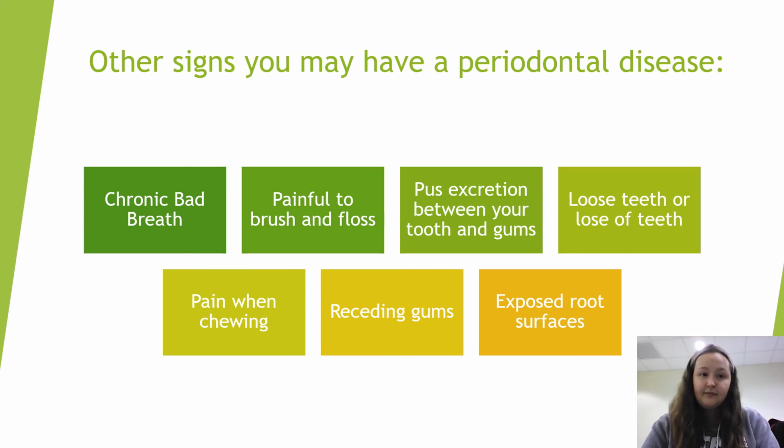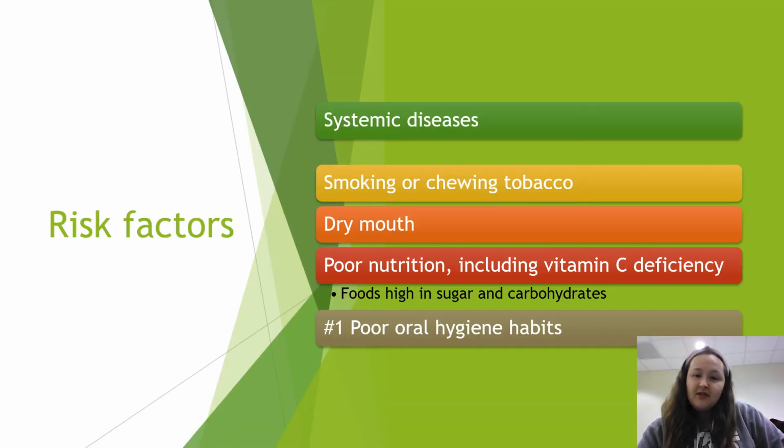Risk factors to look out for that may cause you to have a periodontal disease are, first and foremost, if you have a systemic disease, which is something that you're already dealing with right now, being on dialysis, which we will go more into in another lesson plan. Another is smoking and chewing tobacco products is a huge risk factor.